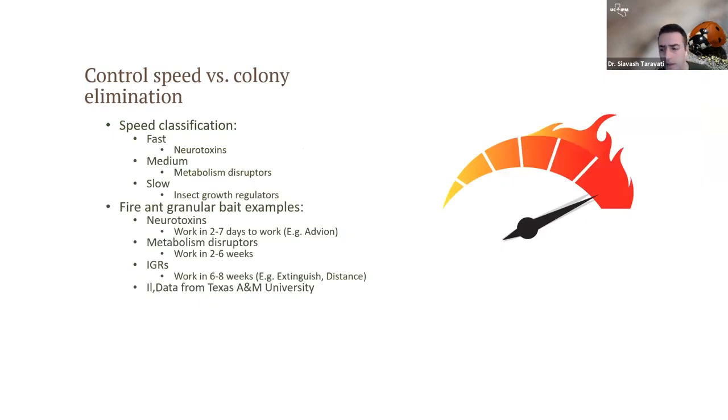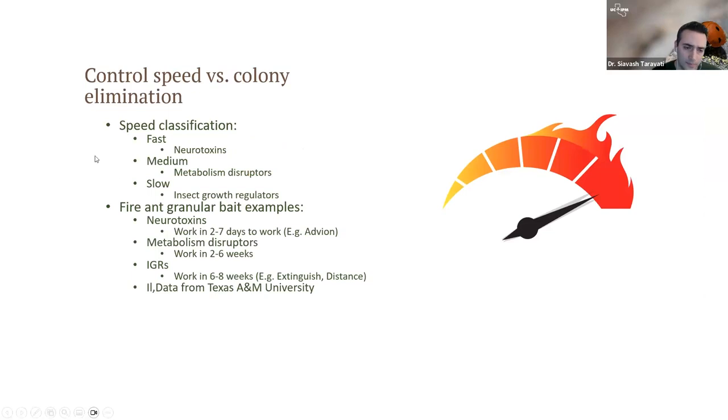So as I mentioned, products which have neurotoxic properties act fast. All the pyrethroids, all the neonicotinoids, and indoxacarb are all neurotoxins and affect the nervous system, and that's why they act faster.